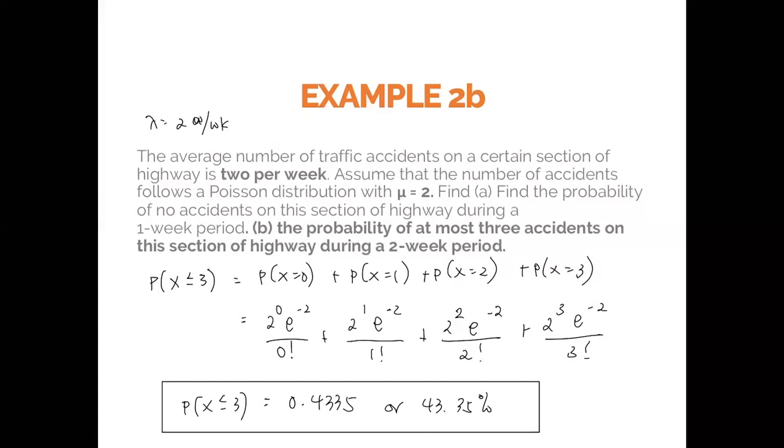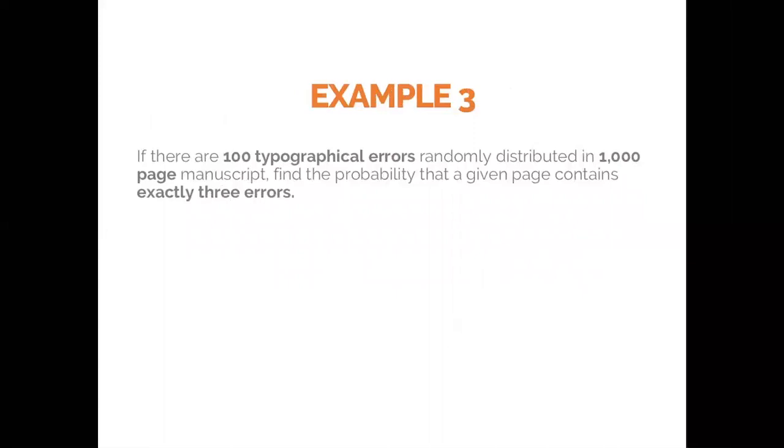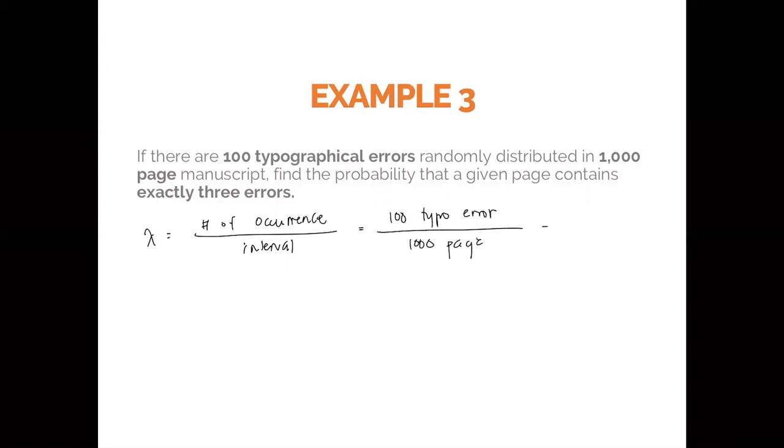Next, if there are 100 typo errors in 1,000 pages, find the probability that a given page contains exactly 3 errors. Okay? So yung lambda natin is number of occurrence over interval. Okay? So ibig sabihin yung lambda natin can be 100 typo errors all over 1,000 pages. So ibig sabihin meron tayong average na 0.1 typo per page.